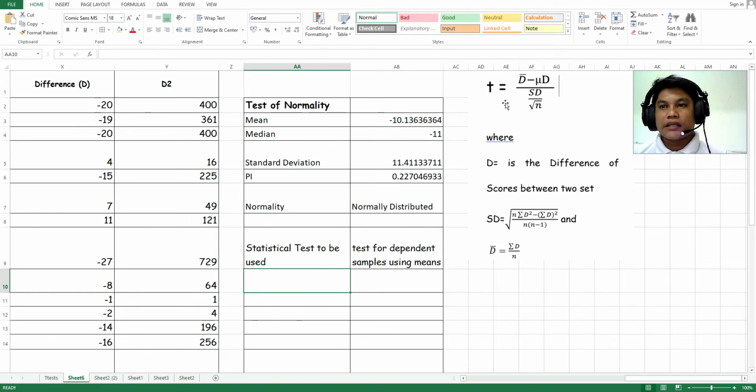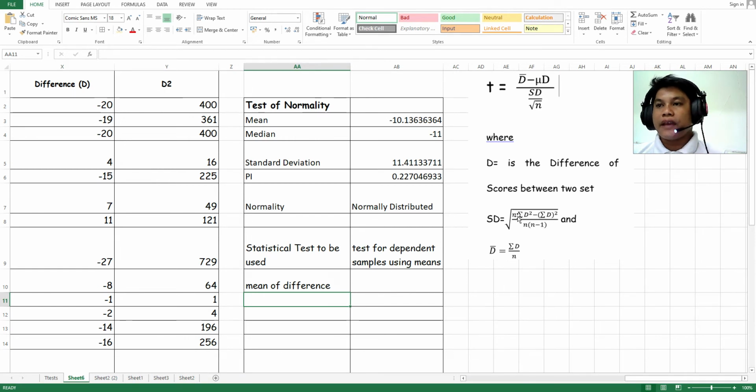So first, as you notice, you have here the bar d, the mean of difference. So we will need the mean of difference. And then we have the mu d. In this case, we are not given a mu d, meaning the difference of the population. So we will assume it's 0. And then if you notice, you have here SD. SD is actually referring to the variance.